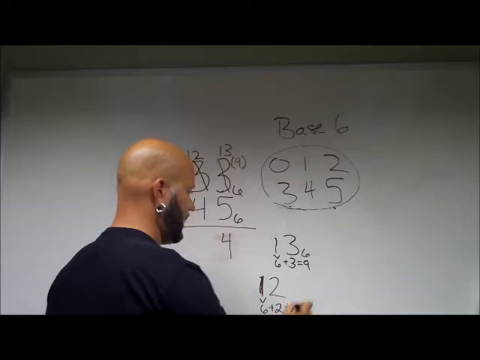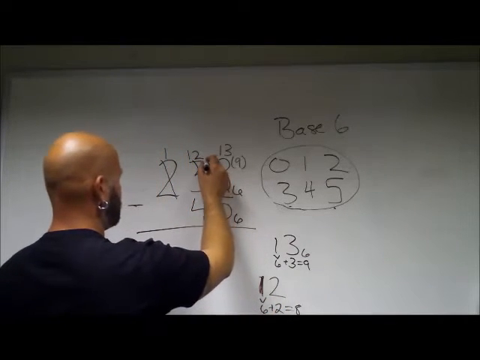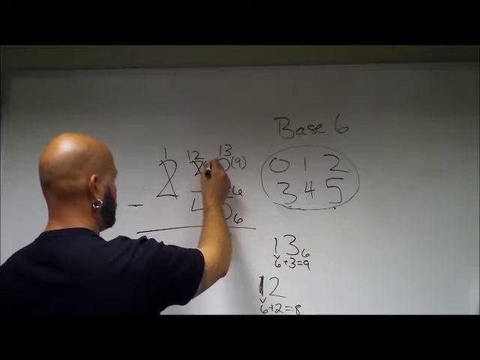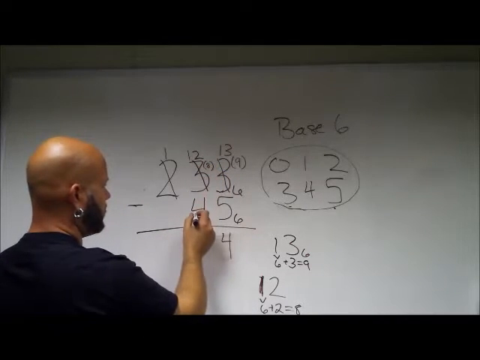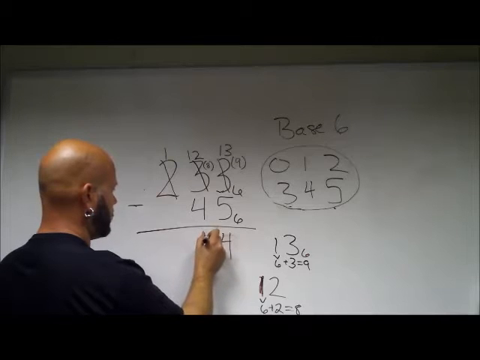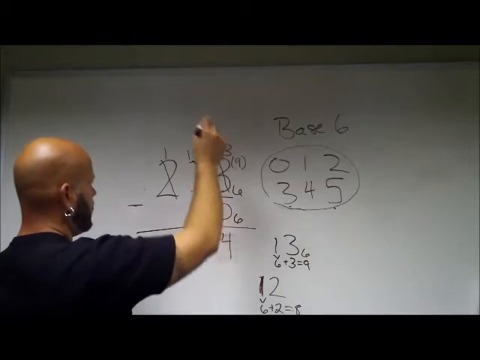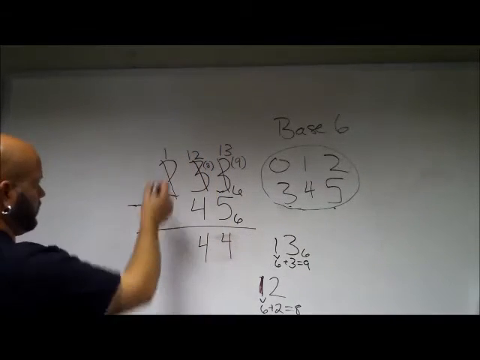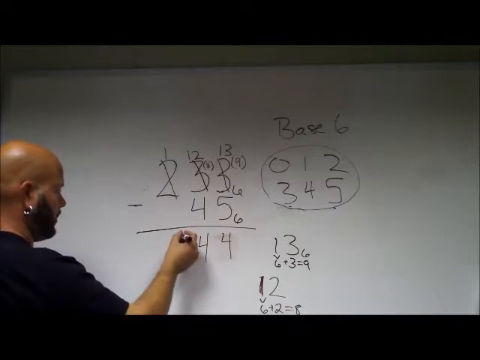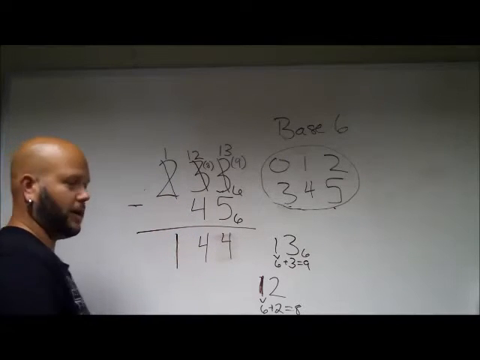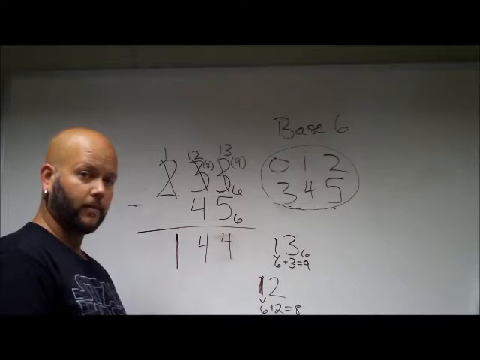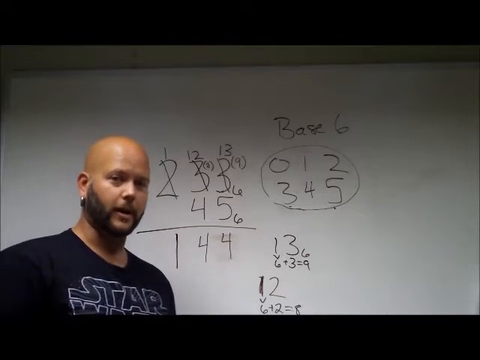That equals 8 in base 10. So 8 minus 4 equals 4. Now we're on to here. We just have 1, nothing left to go with it. So the answer is 144, or 144 if we're talking in base 10.